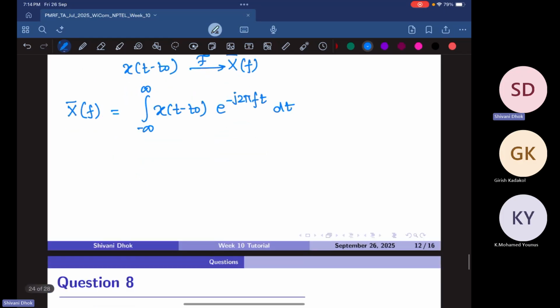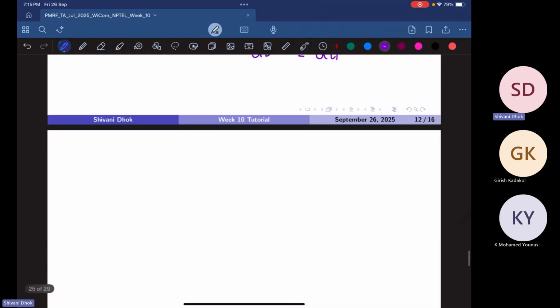Now I'll substitute t minus t naught as some t1. So I have t equal to t1 plus t naught, so dt is equal to dt1, and the limits remain unchanged.